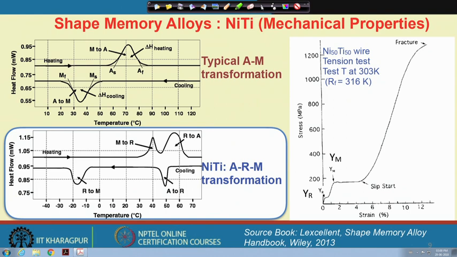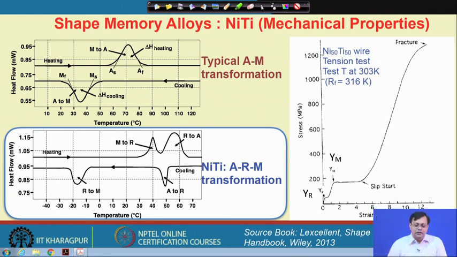Since I talked about the DSC of the shape memory alloy, in this DSC curve, if we start with a martensite phase and heat the alloy, you will get such a peak. This peak corresponds to, let us say, austenite start and austenite finish.